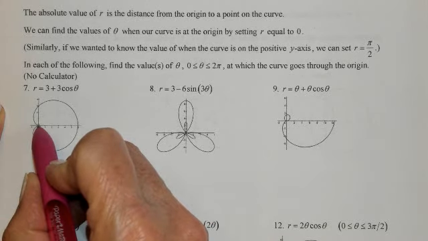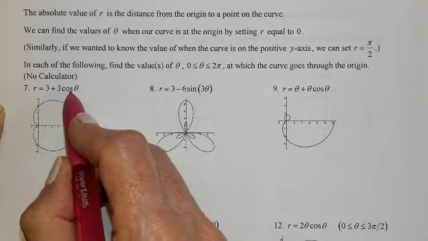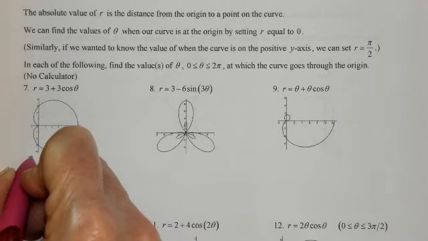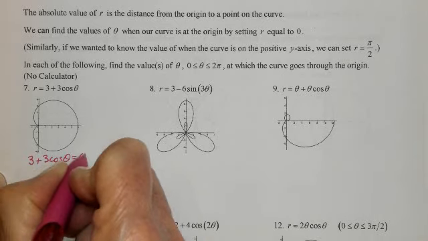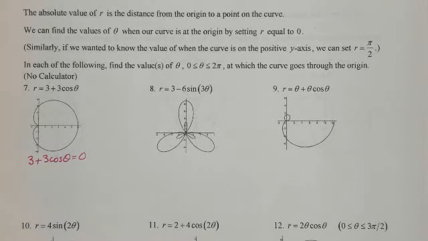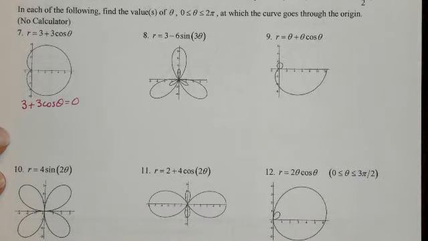So if we wanted to find theta, we would just take r and make it 0. So I'm going to take r and set it equal to 0, and that will give me the theta values right when the curve is at the origin. Okay?